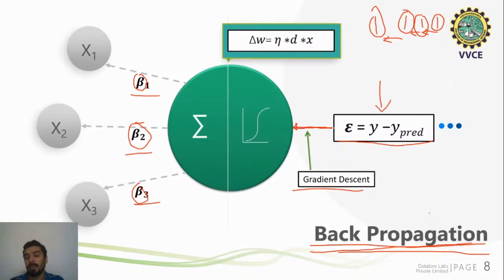One step of forward propagation and back propagation is called one epoch. So in one epoch, your data set is fed, the error is calculated, the error is propagated backwards, and the weights are adjusted so that the error decreases.